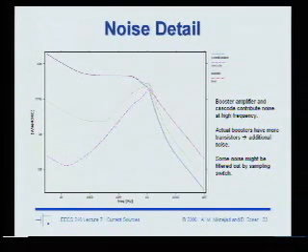You can see where the different noise terms are being contributed. The cascode noise is heavily attenuated until you get to high frequency. Same thing with the booster noise. It's also attenuated until you get to higher frequencies. This is exactly the intuition that we had about the impedance of the cascode node.